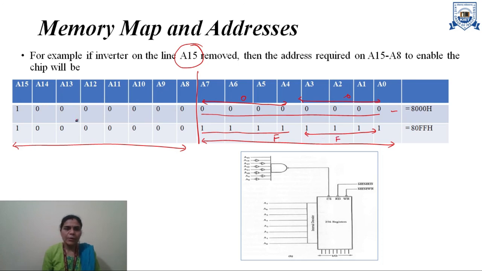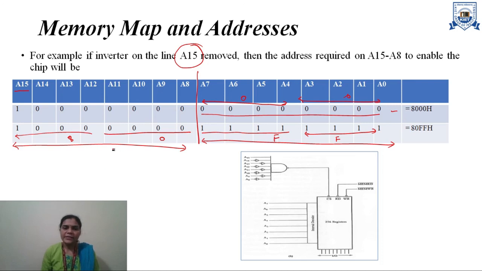But what about the chip selection? So here, for example, if we make A15 fixed at logic high, then it will be 1. All other chip selection lines will be at logic 0. So now we will have the hexadecimal notation 8 and 0.